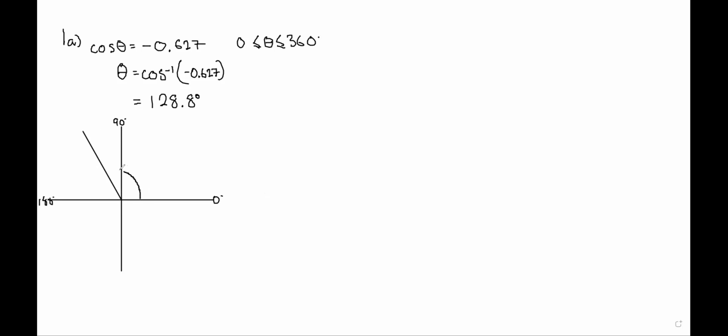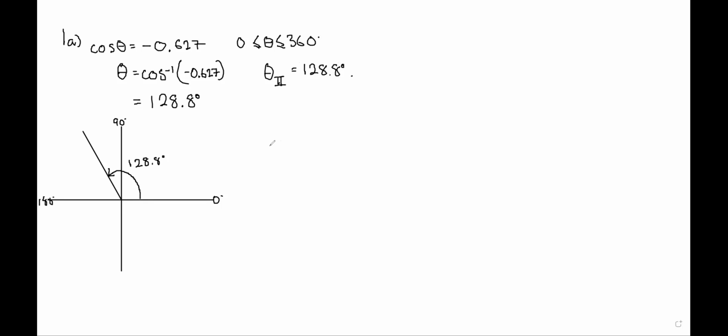This is 128.8 degrees. So what quadrant is it? Quadrant 2. Okay, so for the sake of simplicity, I'm going to write angle in quadrant 2 is equal to 128.8 degrees.